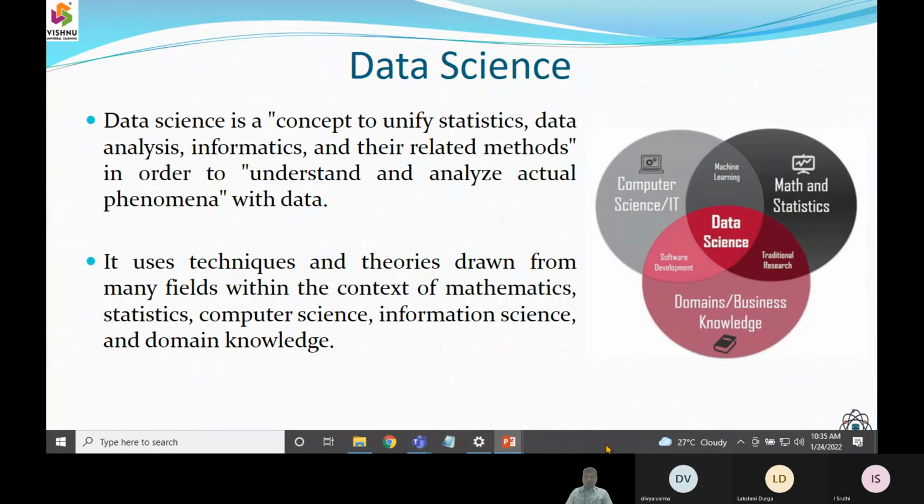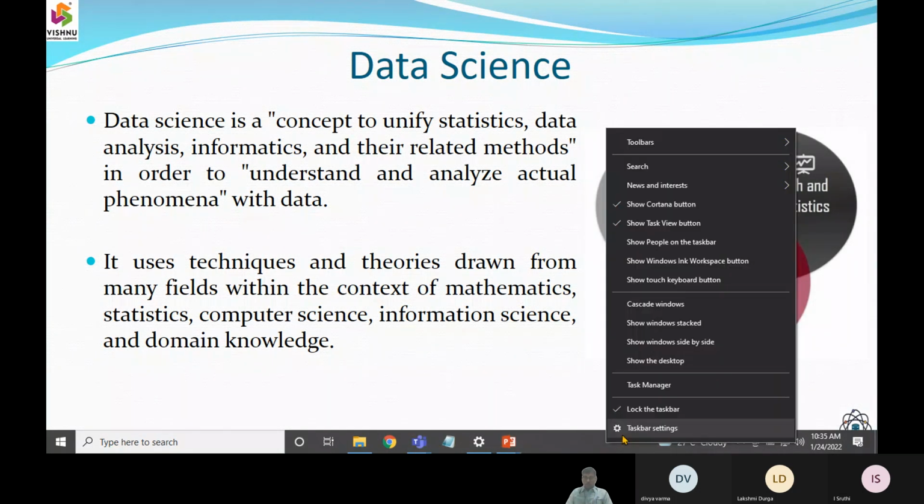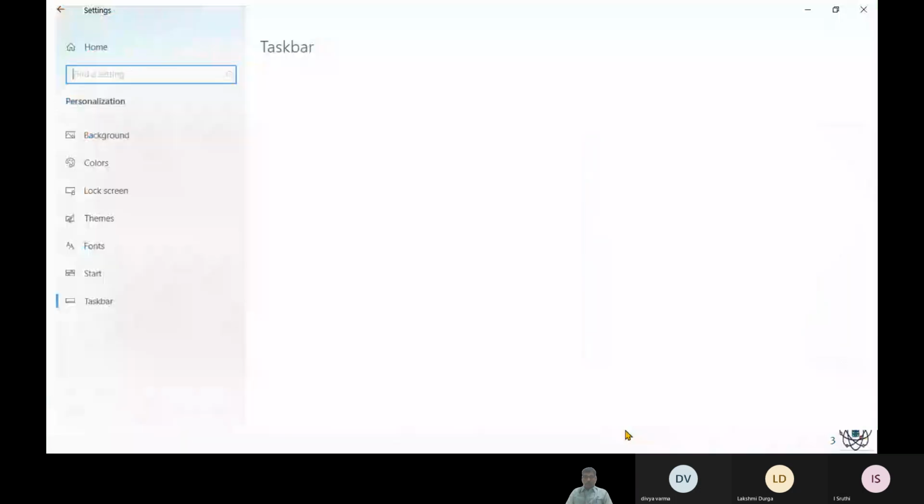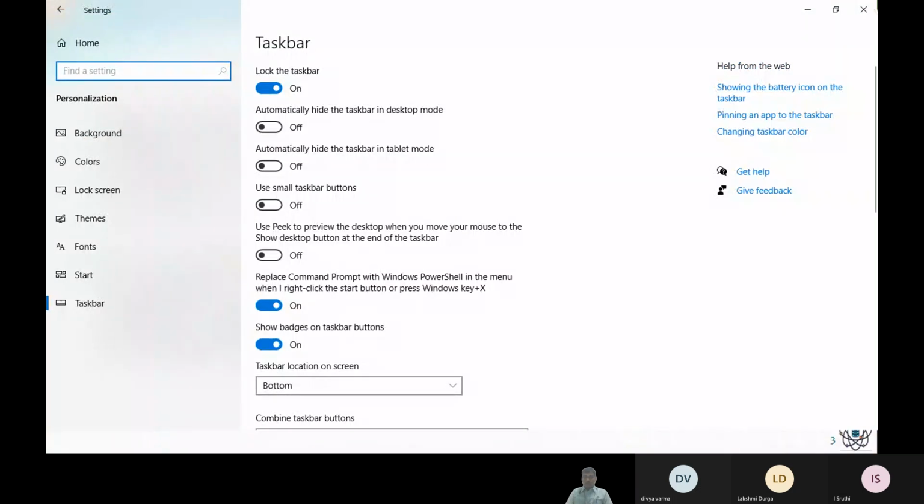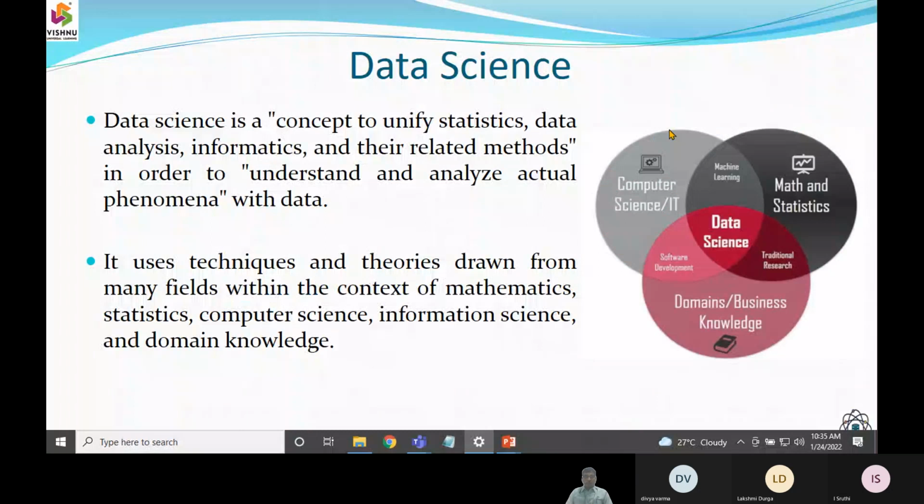When we say it is structured data, the data is arranged in the form of rows and columns.